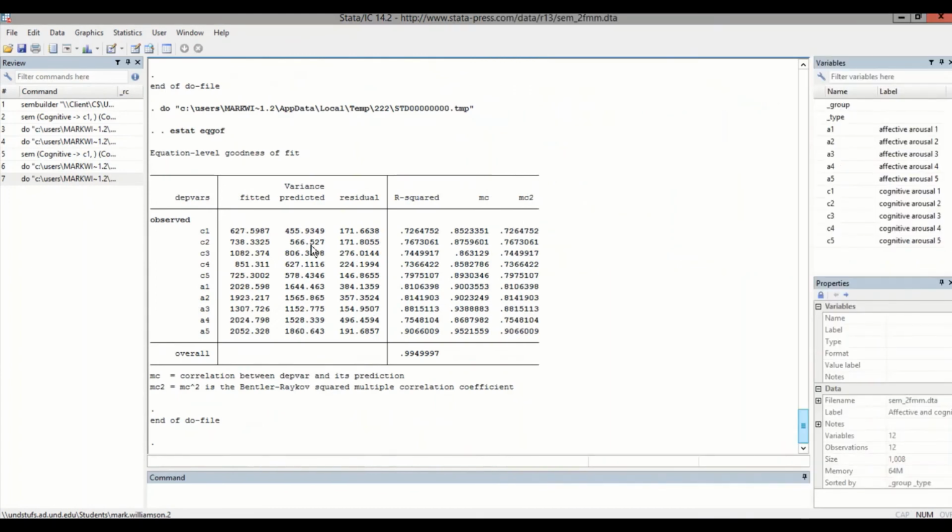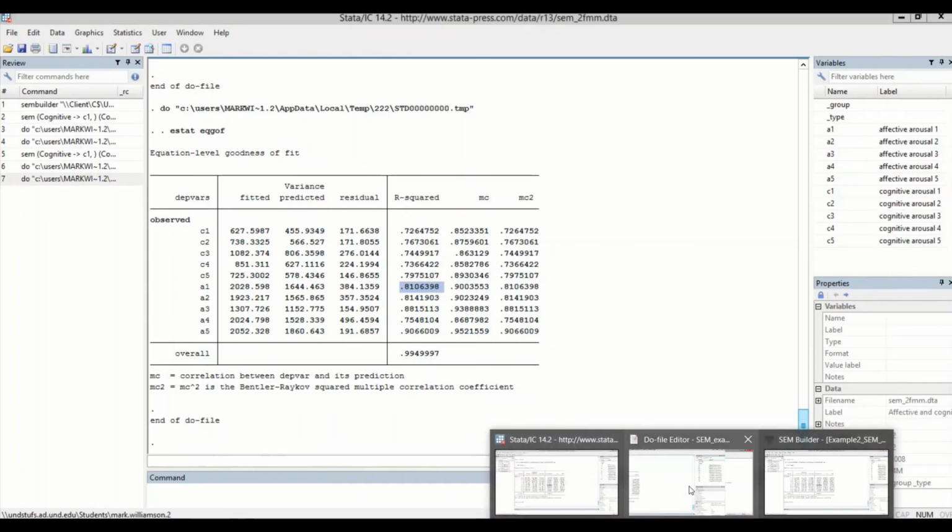Then that gives us these different variables, and we can get the R squared here. For example, A1, the R value or correlation was 0.90. Taking that squared, it explains over 80% of the variation.